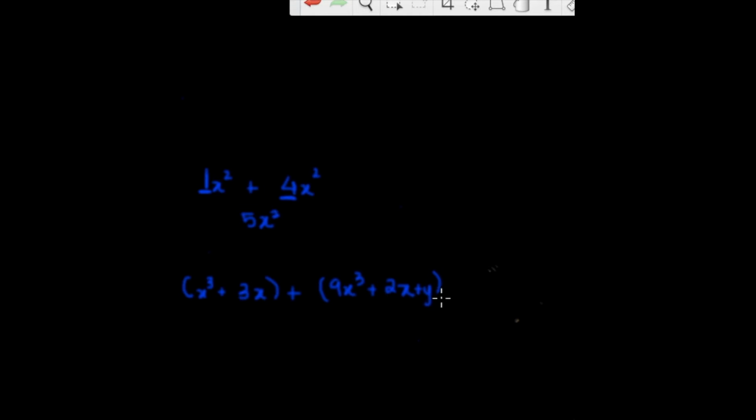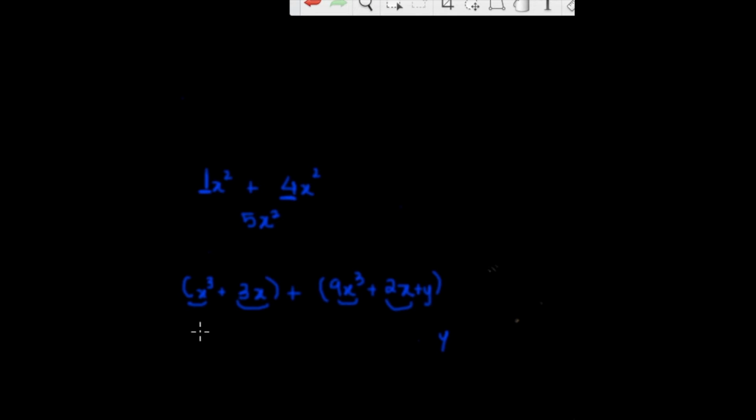In this case, we have two sets of like terms. The first one is the x cubed, and the second one is 3x and 2x. For the y, we can just take it out because we can't really do anything to it, so you'll just have the y like so.